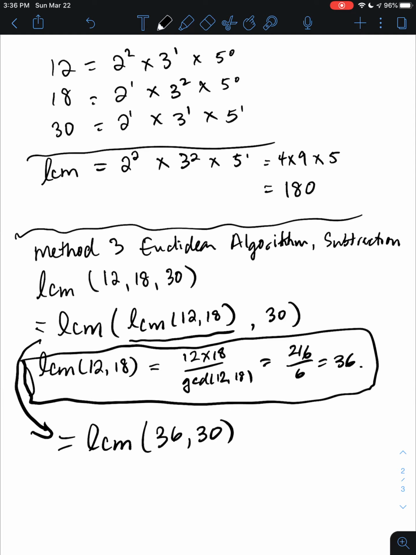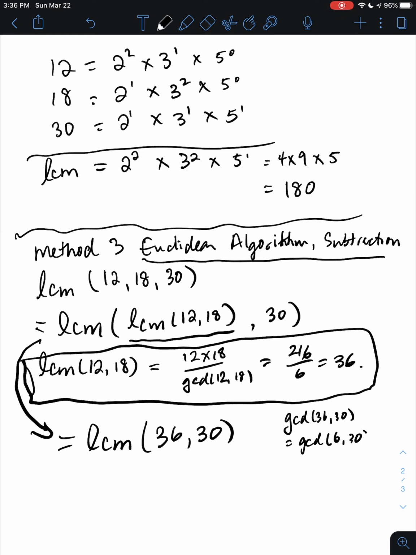And now again I have the LCM of two numbers that I need to calculate. I can do this in a variety of different ways, but since we're especially talking about the Euclidean algorithm, let's use Euclidean algorithm subtraction version. So over here on the side I'm going to do GCD of 36 and 30. That is the GCD of 6 and 30.